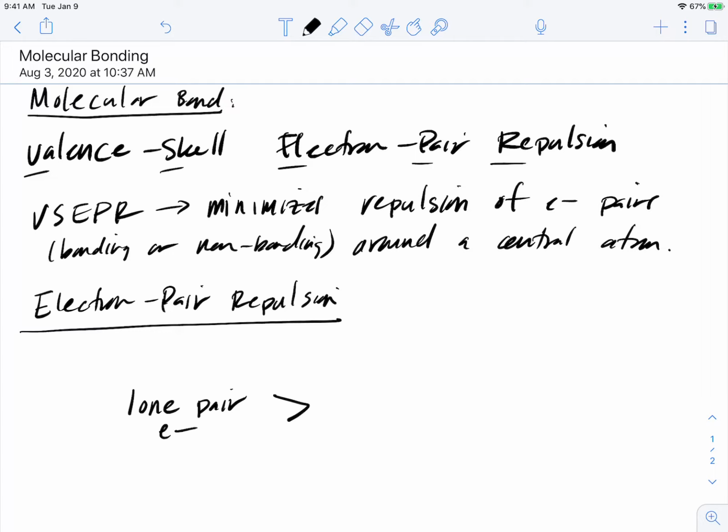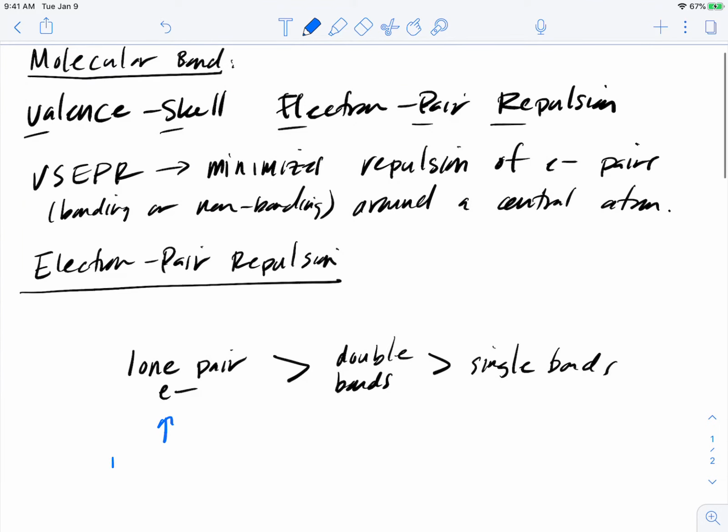Electrons in double bonds need slightly more space, and electrons in single bonds need the least space. So we can just note this, that they need more space.